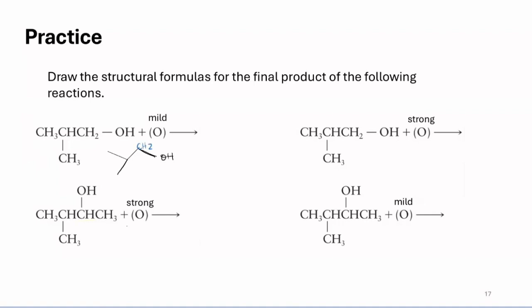This is a CH2, this is a CH, this is a CH3, this is a CH3. So if I highlight my atoms, this CH3 is this one. This CH3 is this one. This CH is here.